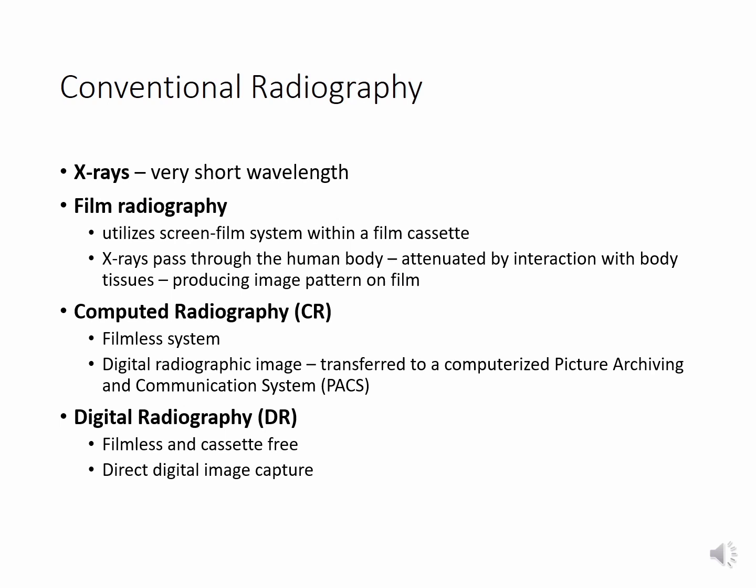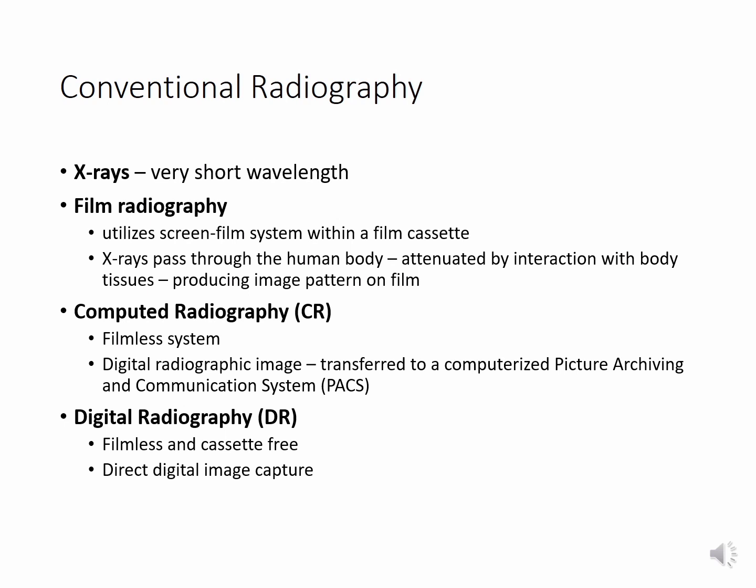Film radiography utilizes a screen film system within a film cassette wherein the X-rays pass through the human body by attenuating its interaction with body tissues, producing an image pattern on film. Computed radiography is a filmless system that eliminates chemical processing involved in film radiography.